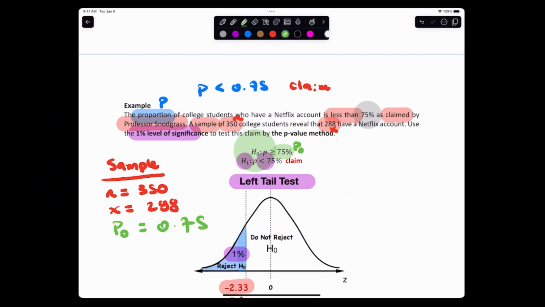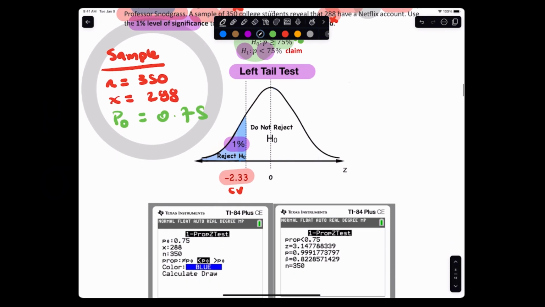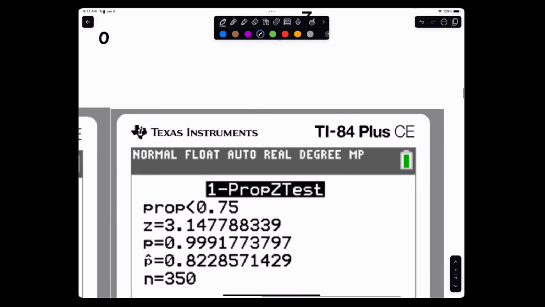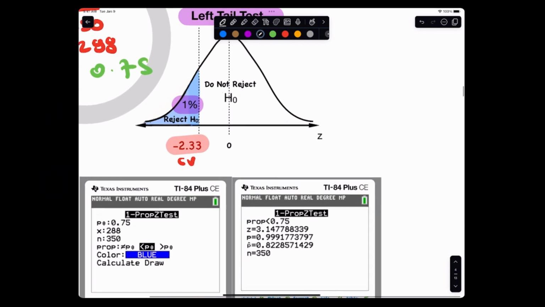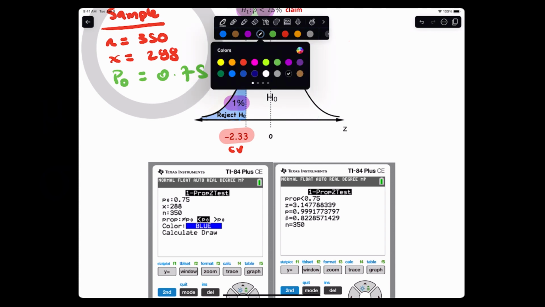So, ladies and gentlemen, you have everything you need right here, because in the TI calculator, what command do you guys use? We use what? What's the command? Good. One proportion z-test. Outstanding, ladies and gentlemen. So one proportion z-test. Now, in the notes, I have all the information for you guys.